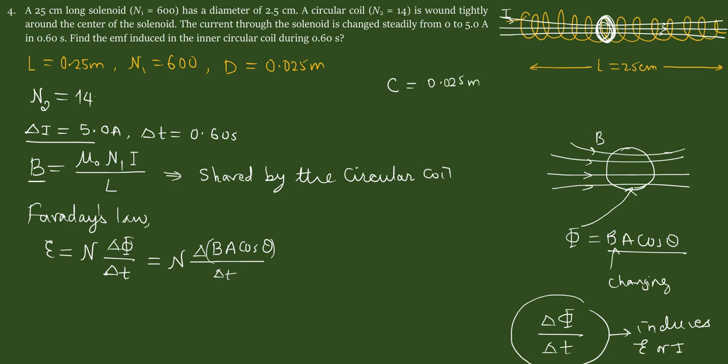No, that's the diameter, sorry. So circumference is pi d, so pi times diameter, pi times 0.025 meters.